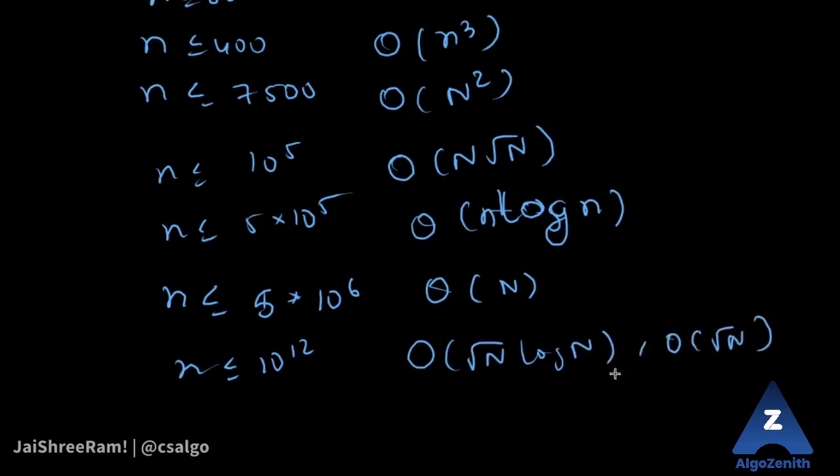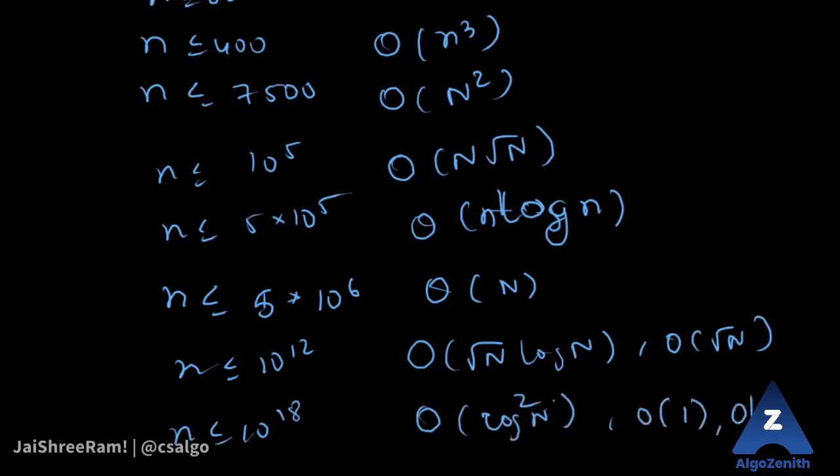And if n is less than or equal to 10 to the power 18, you need to code something like order log n or log square n, or order 1. So these are the typical algorithm complexities that will pass given these constraints in the question.